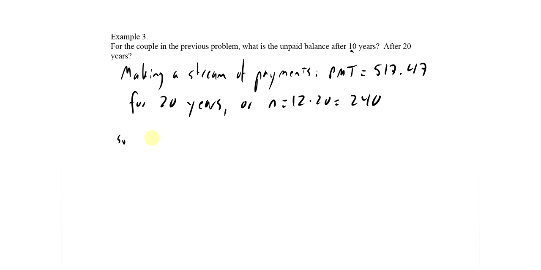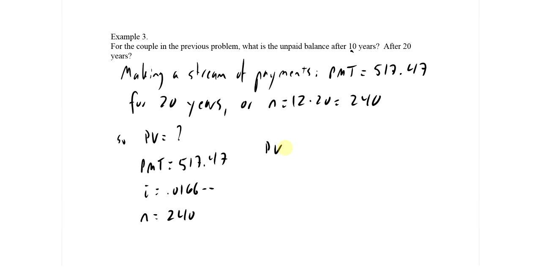So to figure out what the unpaid balance is after 10 years, we take their payment size and just plug it into the present value formula with I equal to the same thing. And now N is the number of payments that they have left to make. So it's 1 minus (1 plus 0.0166) to the minus 240 now, right?